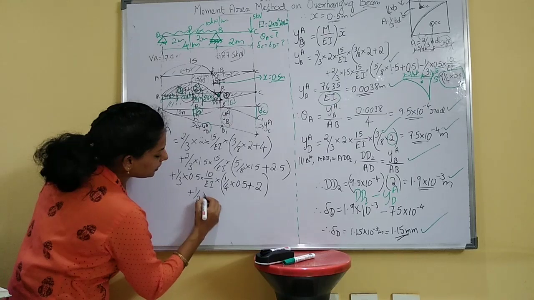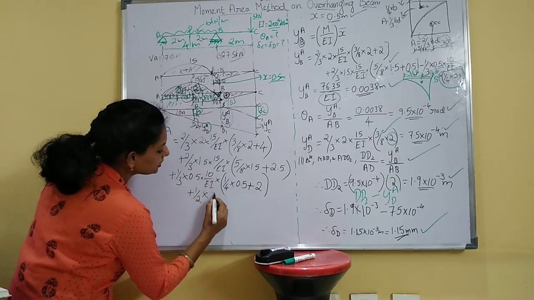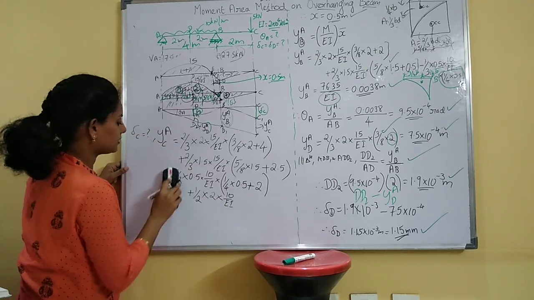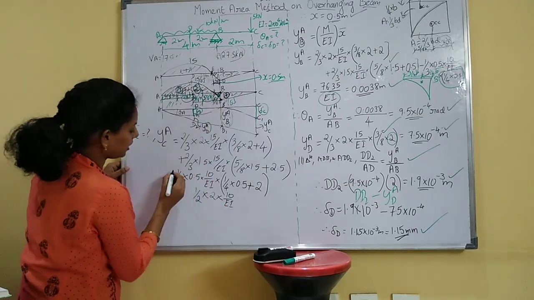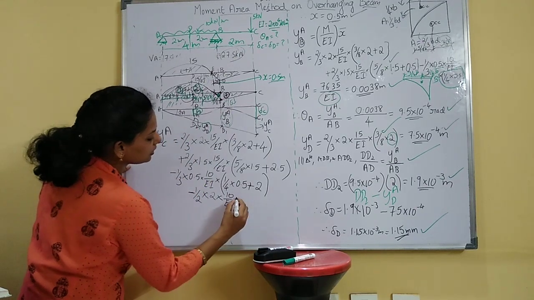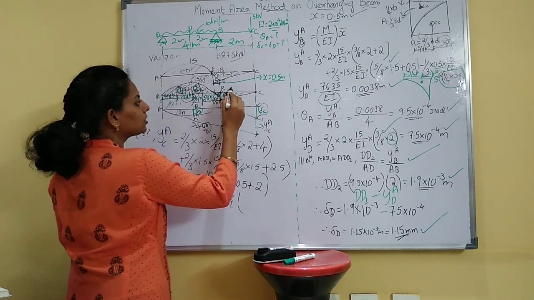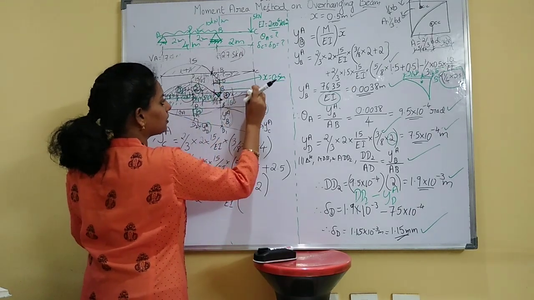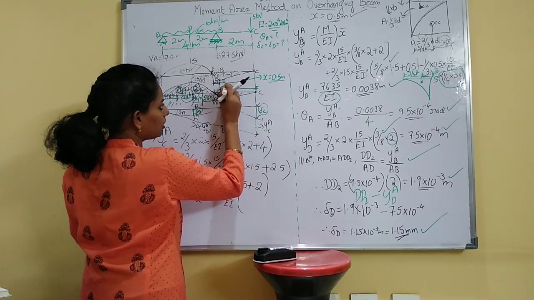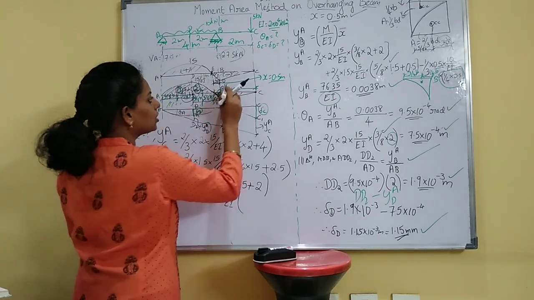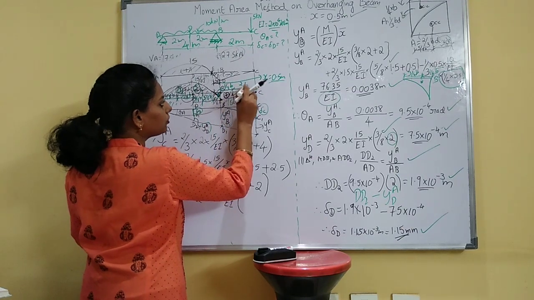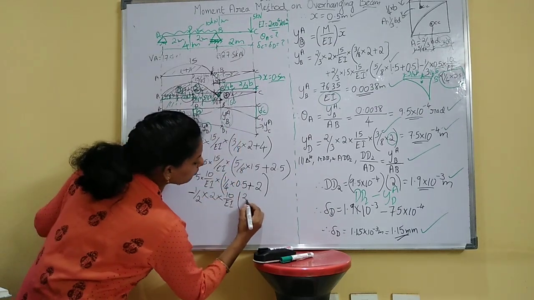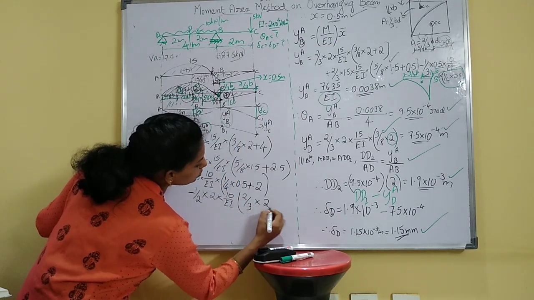Last one, this triangle part. So triangle is half into base into height. Half into B is 2, height is 10 by EI. And this both are minus. Here negative sign, so minus area. So minus minus. And centroidal distance: at the hypotenuse on this right angle you have 1/3 of B and here you have 2/3 of B. So for C it is nearer is 2/3 of B. 2/3 of B is 2 meter.